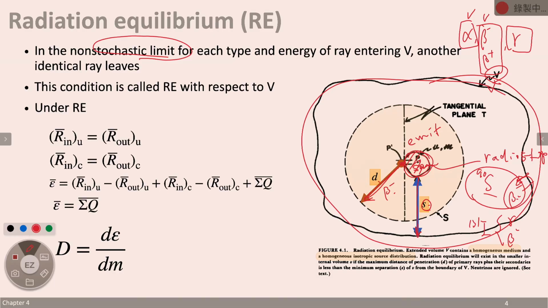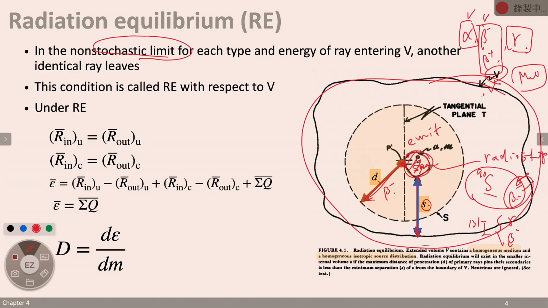Charged particle equilibrium will certainly occur in this situation, unless your volume is too small, because the range of charged particles is not very long. So you have an idea. If it emits gamma rays with MeV energy, the mean free path is always greater than a centimeter, so the photons would exit this volume. So the RE does not exist.